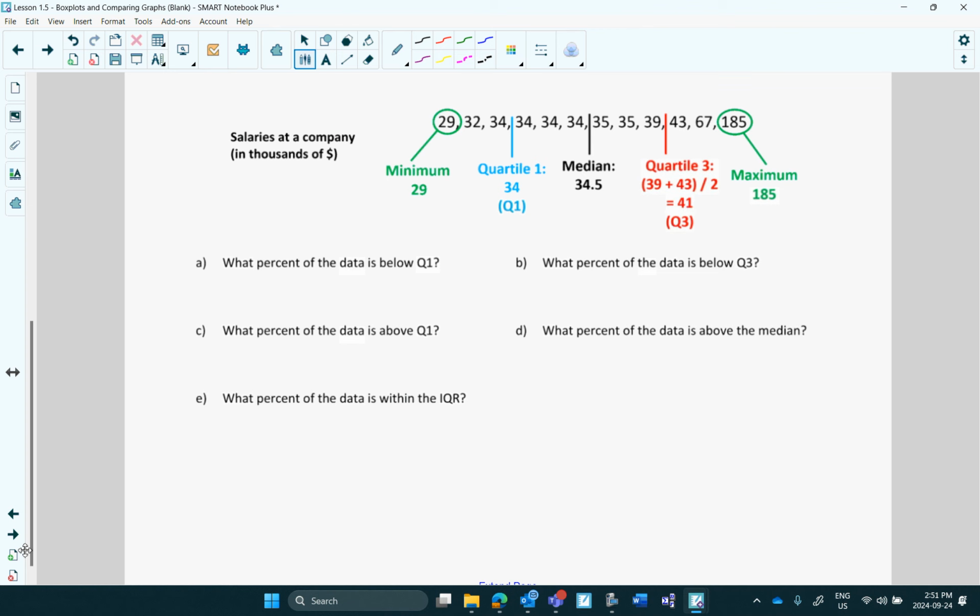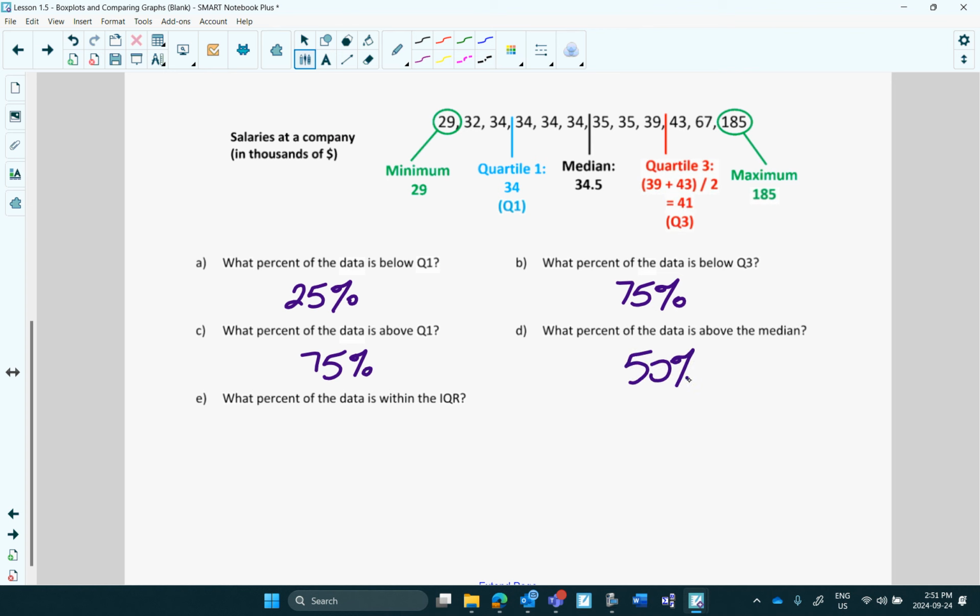So let's answer these questions. What percent of the data is below Q1? 25%. Below Q3, 75%. Above Q1. Above the median.